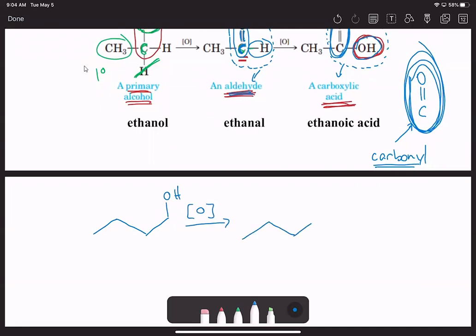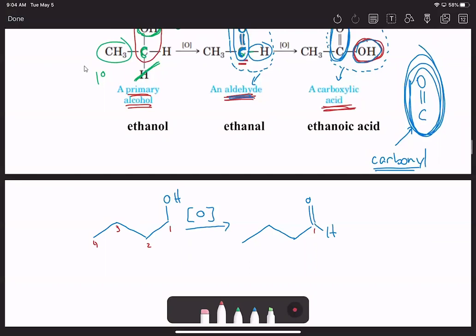So here, an aldehyde contains a carbonyl, there's my carbonyl, plus a hydrogen. And it still has the 4 carbons. Let's number this: carbon number 1, 2, 3, 4.